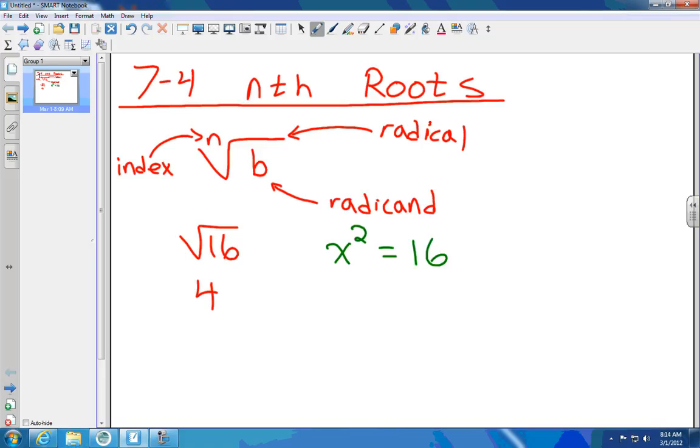How do we solve that? Square root both sides, and what do we get for an answer then? x equals plus or minus 4. So what is the difference? Why do we only put 4 here, and over here we put plus or minus 4?